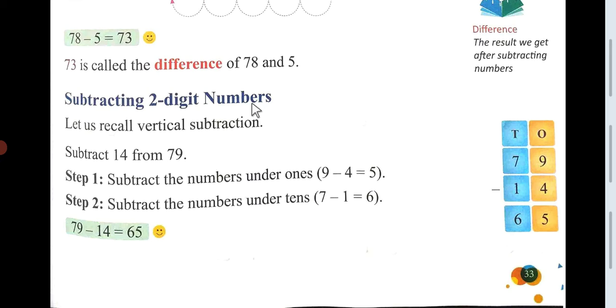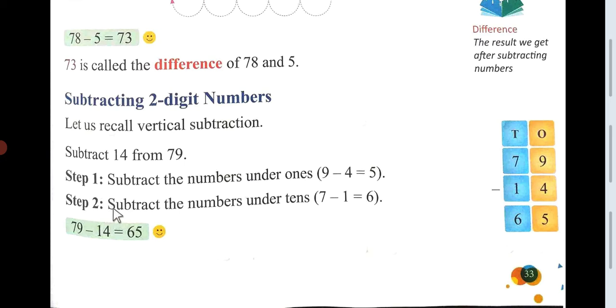Now subtracting two-digit numbers. Let us recall vertical subtraction. Subtract 14 from 79. Step 1, subtract the numbers under ones. 9 minus 4 is 5.